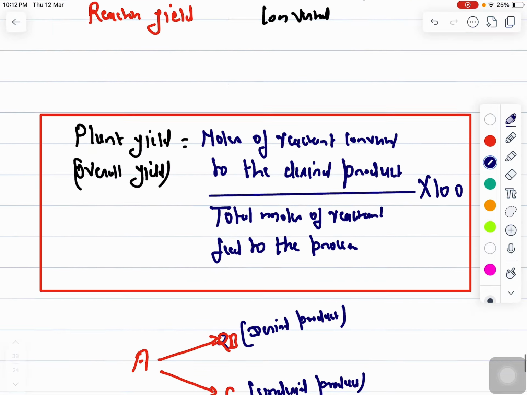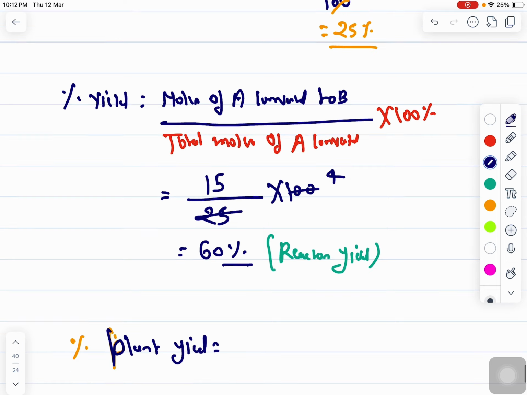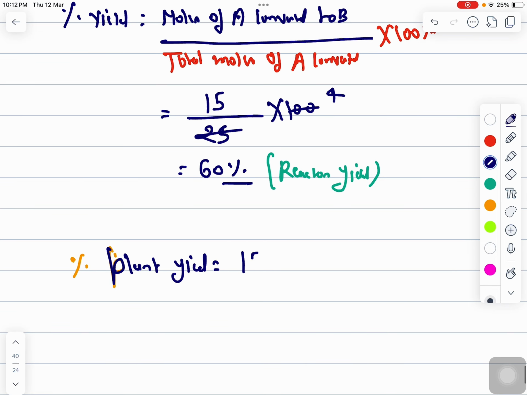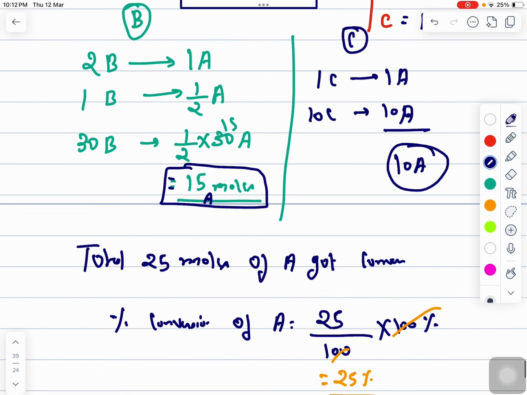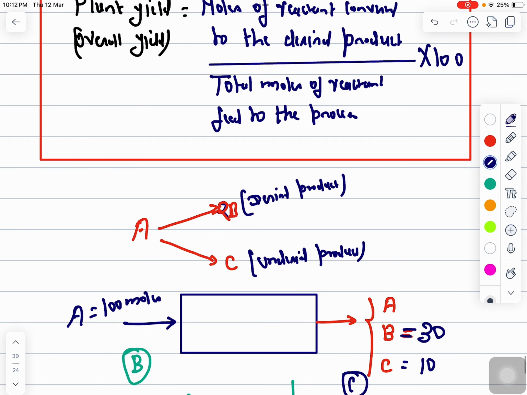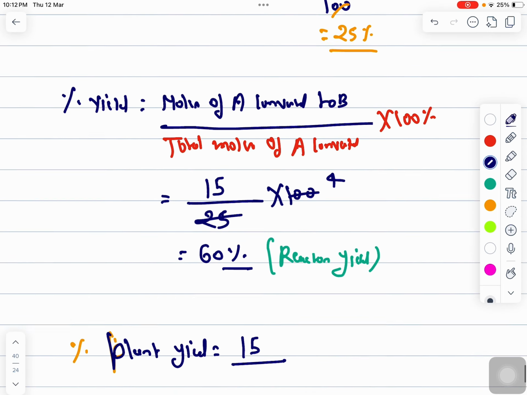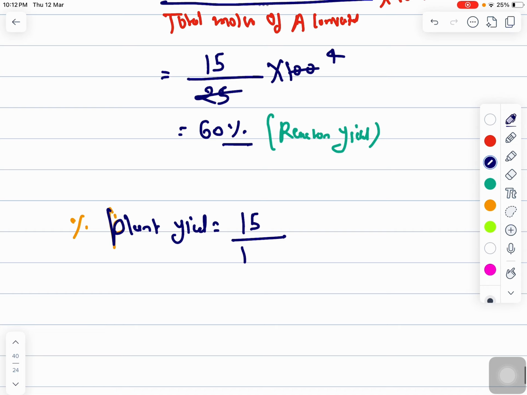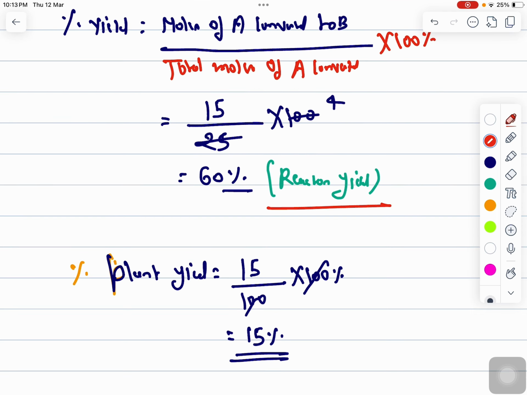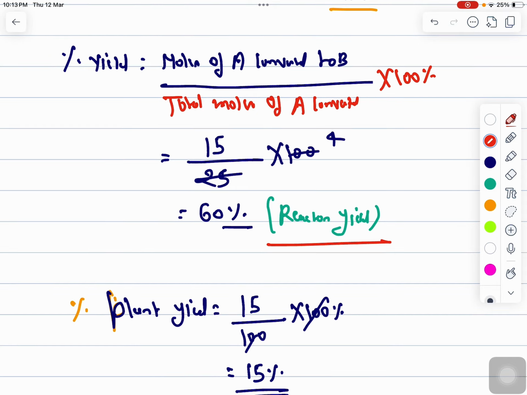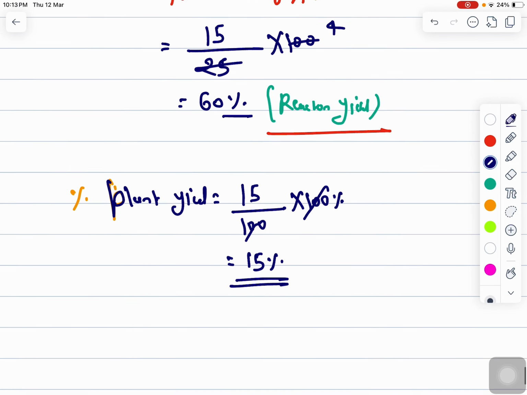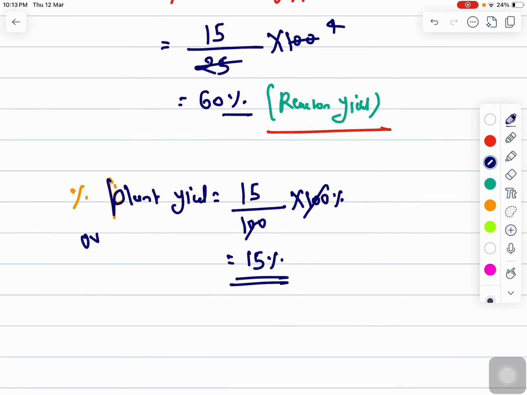Moles of reactant converted into desired product, that is again your 15, divided by what? Total moles of reactant fed to the reactor. So total moles of reactant fed to the reactor was your 100, into your 100%. It will get cancelled, so you are getting the answer as 15%. So from this particular problem we have seen how you can calculate the reactor yield or percentage yield, and how you can calculate the plant yield or overall yield.